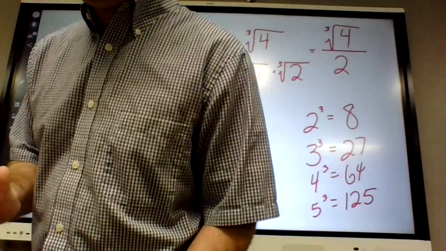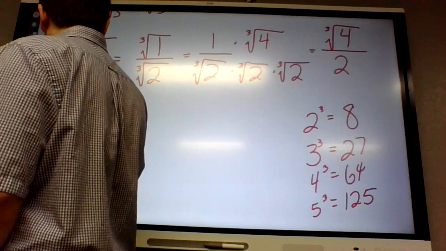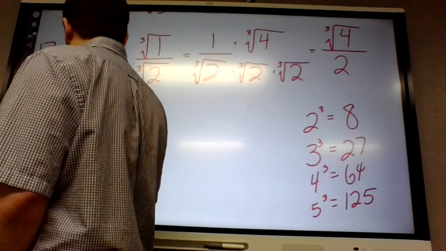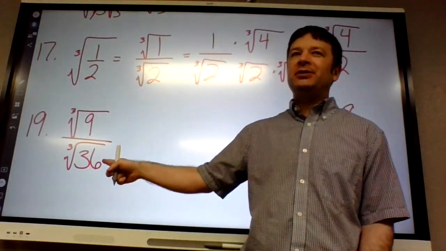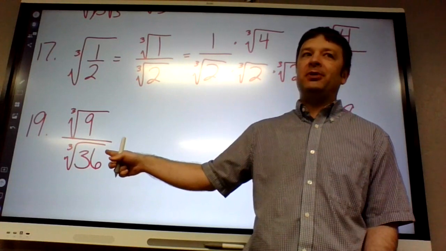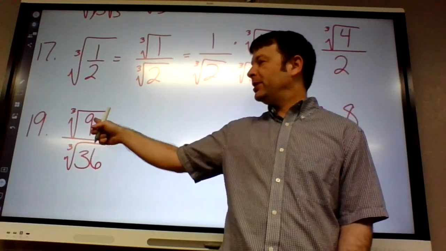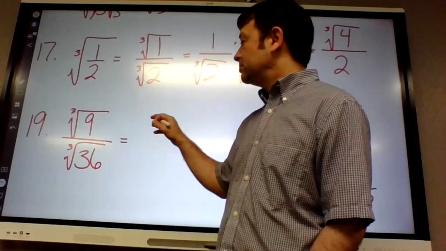Number 19, cube root of 9 over cube root of 36. Now, before I try to fix the cube root on the bottom, there's something I can do first that will make this problem a lot easier. You can simplify. Right. What do 9 and 36 reduce to? 3 and 12.